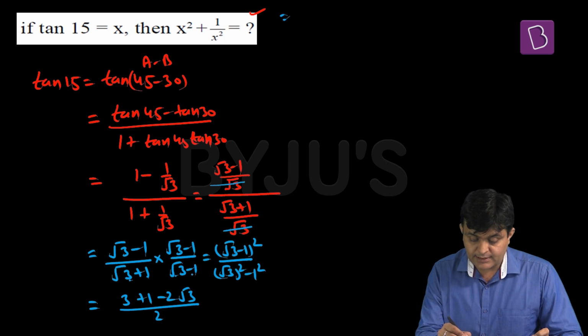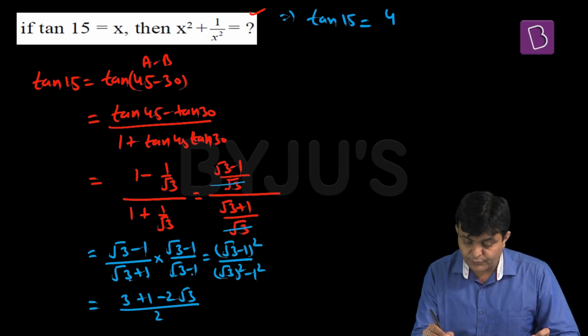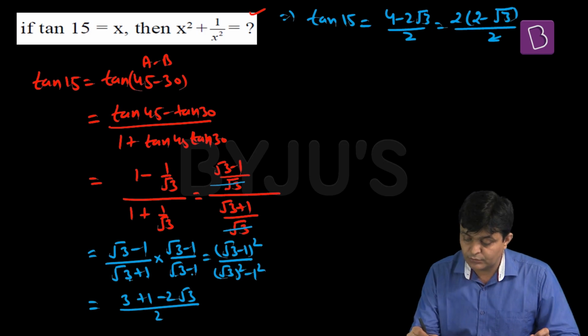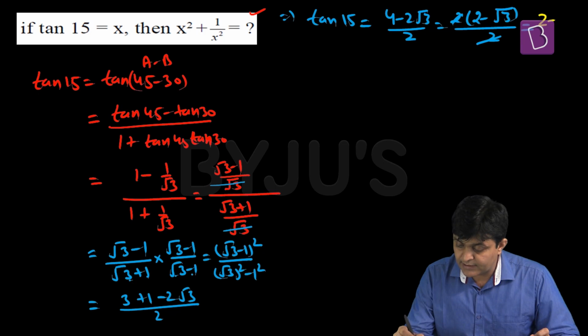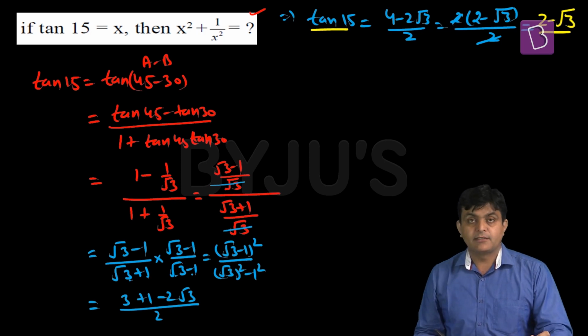Again see here tan 15 is equal to (4 minus 2 root 3) by 2. Take 2 common from upper side, 2 cancels out. This is finally 2 minus root 3. This is my tan 15, right?